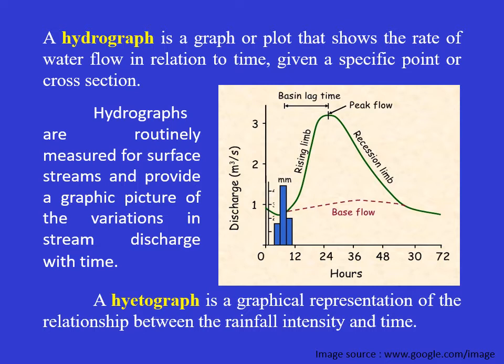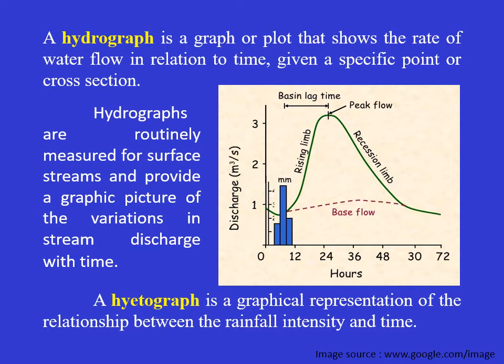For each day or each week, we measure the amount of discharge over a certain area, and thereafter we simply plot a bar diagram, and after that we draw a free line, that is the frequency curve, which indicates our hydrograph. Now in this picture, this green colored line is basically indicating the hydrograph.